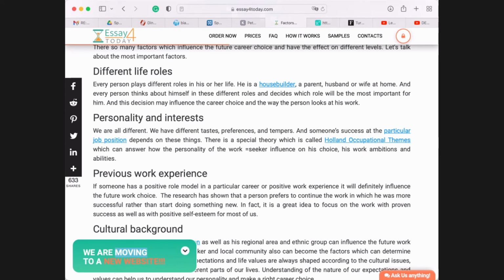Okay. Nikita, what about you? When you chose your profession, what criteria did you take into account? I think that the most important thing is interest in what you do, and also financial aspects.